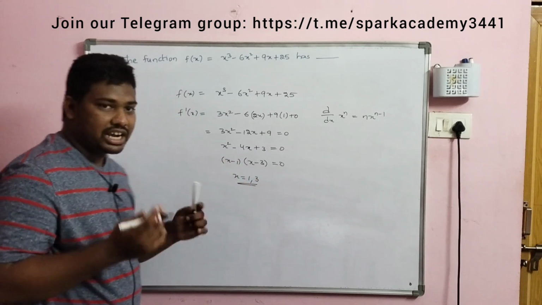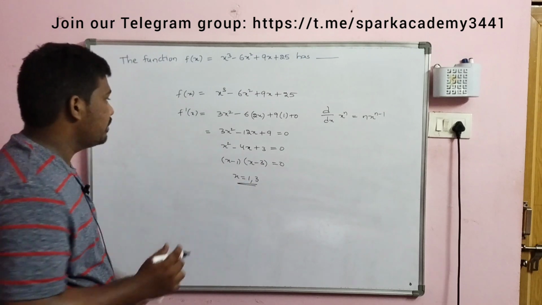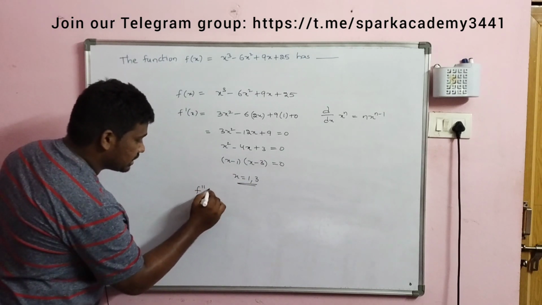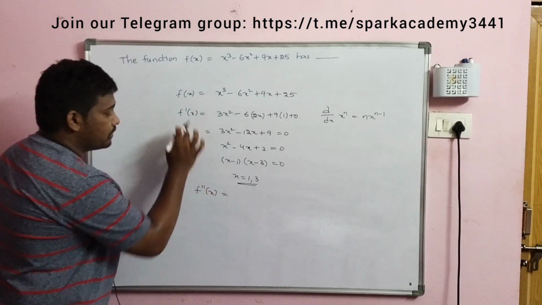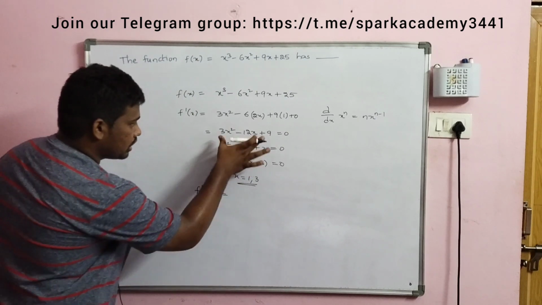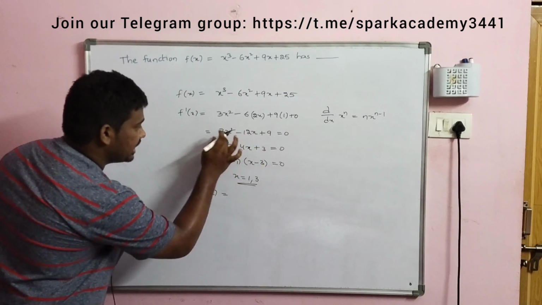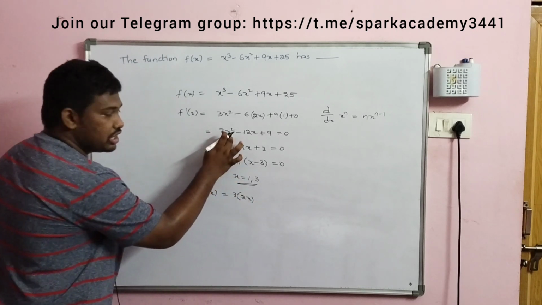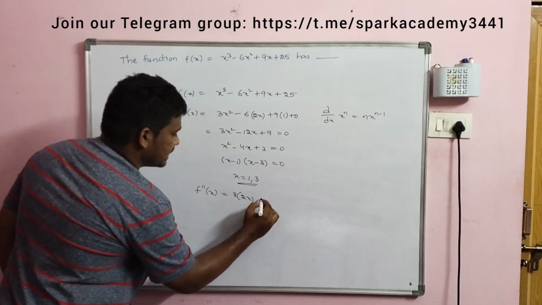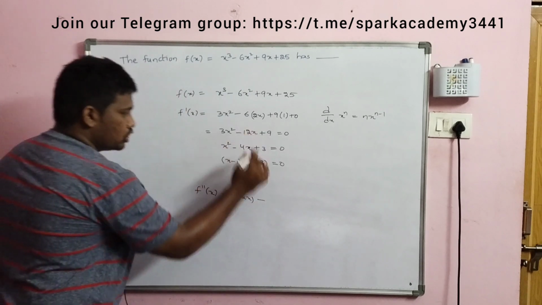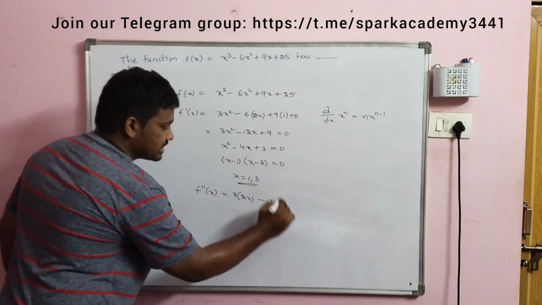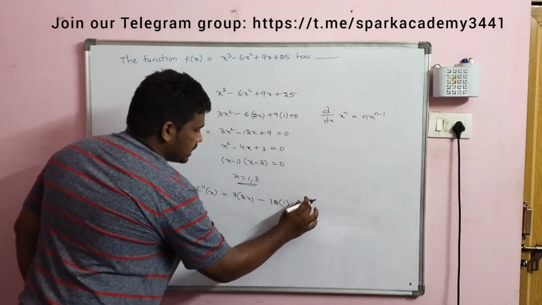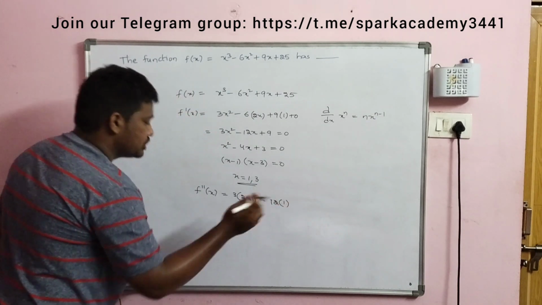Now the second step in solving maxima minima is we need to double differentiate it. f double dash of x equal to, here we got that, and we need to differentiate it again. 3 into d by dx of x square is 2x, minus 12 into d by dx of x is 1, plus d by dx of constant is 0, right?